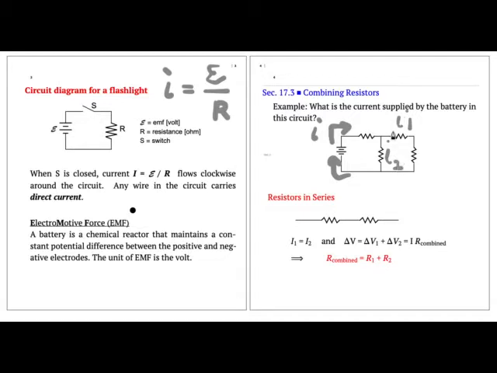And we could say I1 flows in this direction, and I2 flows in this direction. So you see, we actually have three currents, I, I1, and I2. However, charge is conserved. So I is equal to I1 plus I2.